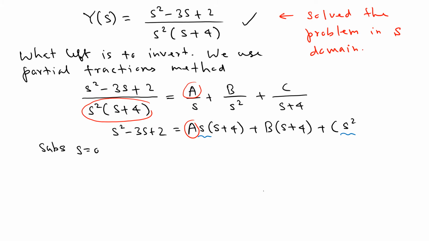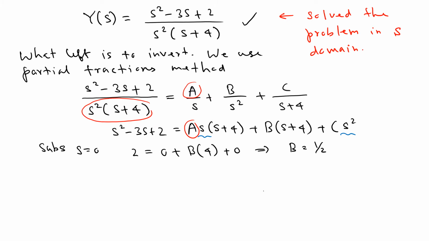If you do that, you get 2 equals, this term is gone, and for B you get 4 times B plus 0. This says that B has to be 1/2. So we get the value of B.